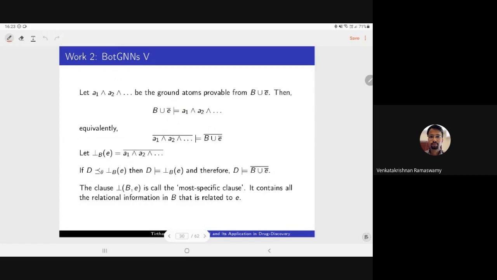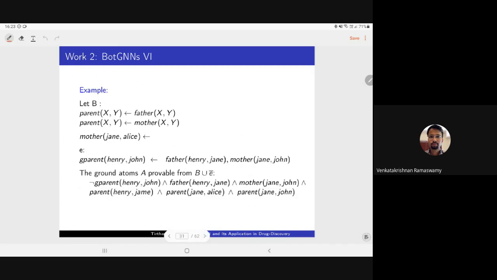I'll show you an example. Let's say this is our background knowledge. Parent X is a parent of Y if X is father of Y, and similarly if it is a mother of Y. Also available is the fact that Jane is mother of Alice.